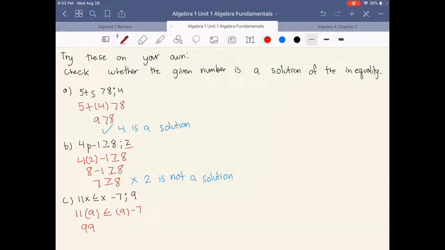Then let's solve the right side. 9 minus 7 is 2. So is 99 less than or equal to 2? No, definitely not, because 99 is greater than 2. So this statement is false. So that means 9 is not a solution for this problem, for letter C. Okay?